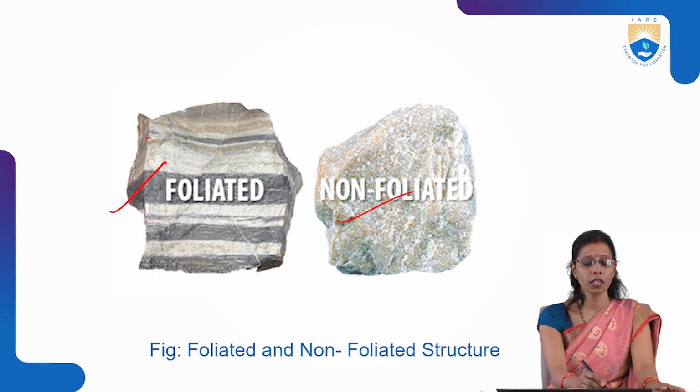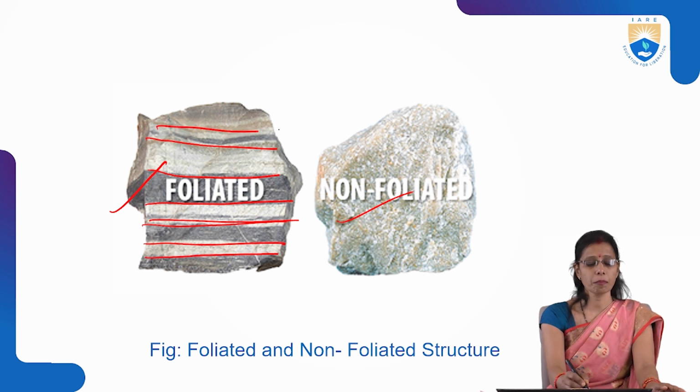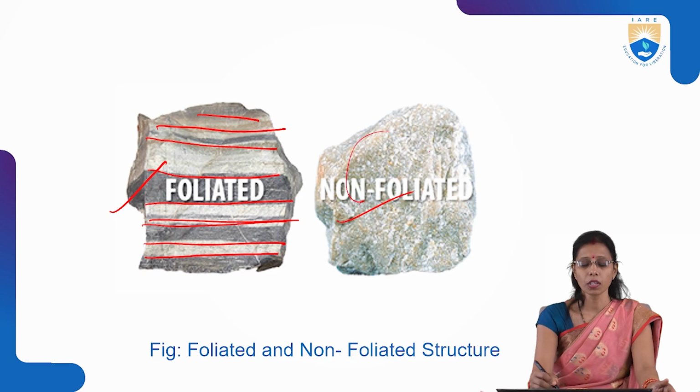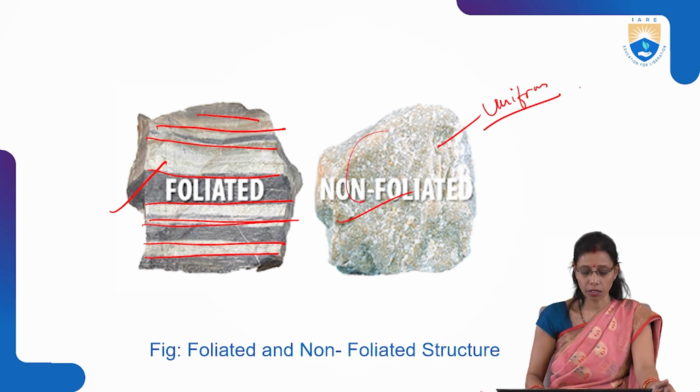In the foliated kind, it has a band kind of structure, like ribs, which shows on the rock. And non-foliated is a uniform kind of structure.